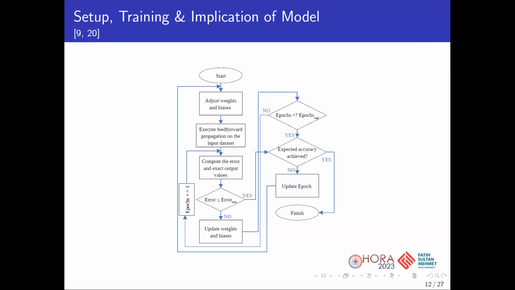The training was terminated when we observed the error reduced to the minimum possible value. Conversely, if the error exceeded the defined acceptable range, we updated the weights to continue the training process. In the case where the epoch count was insufficient, we increased it to ensure optimal model training.